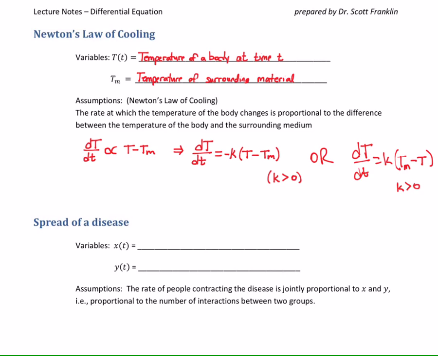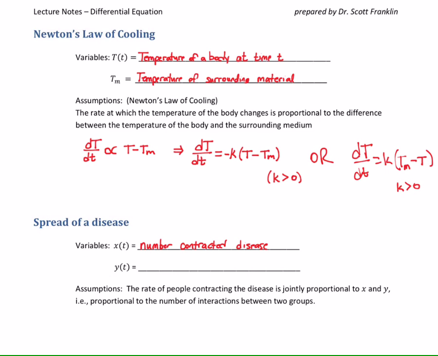All right, now spread of the disease. I talked about this one a little bit before. What we're going to do is have a population of healthy or uninfected and infected individuals, and we're going to model the infection spread by the number of interactions between the two populations, X and Y. So let X of T be the number that have contracted the disease.